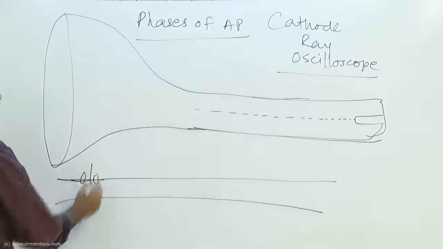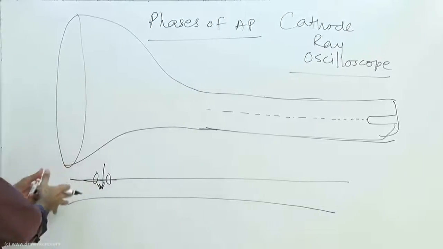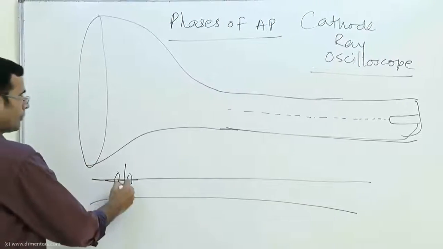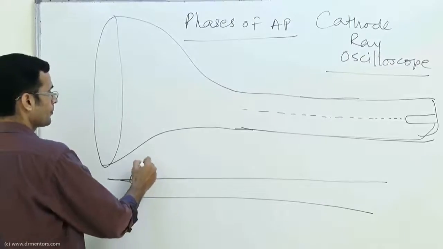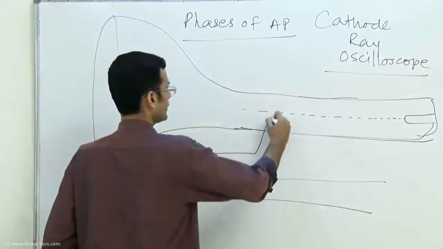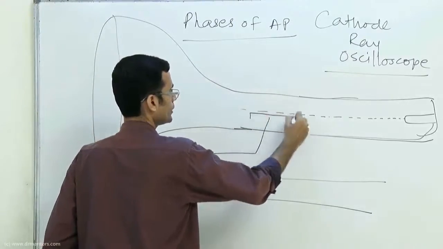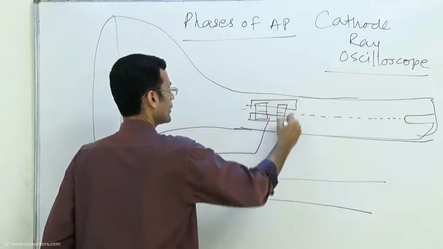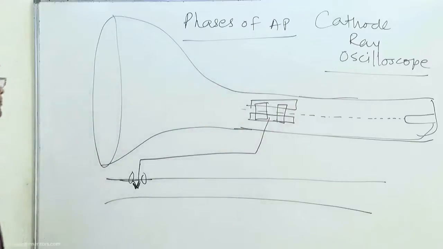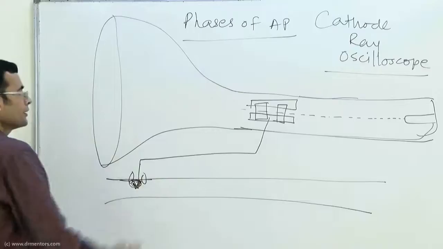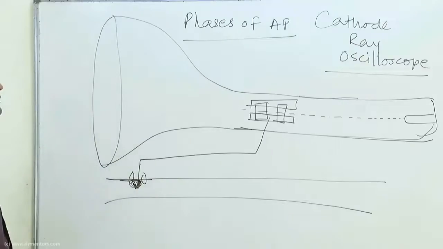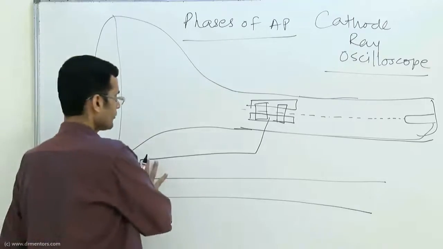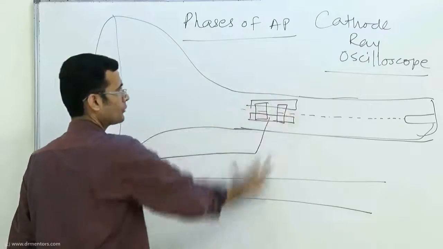I want to record the changes at one point of the nerve. I place an electrode over here, and this electrode is then connected with two pairs of metal plates, one horizontal pair and one vertical pair. So, the changes that occur at this point when the membrane excites will be taken by the electrode and transferred to these metal plates.